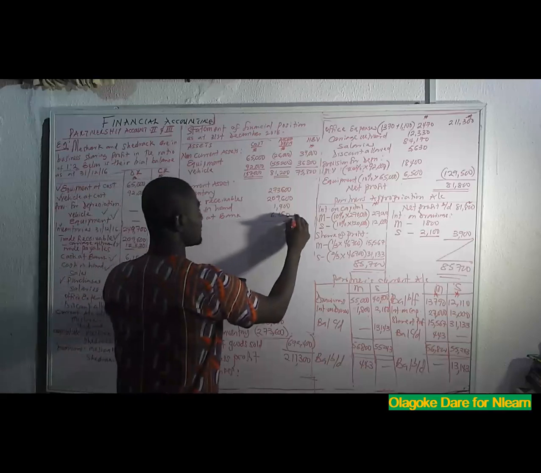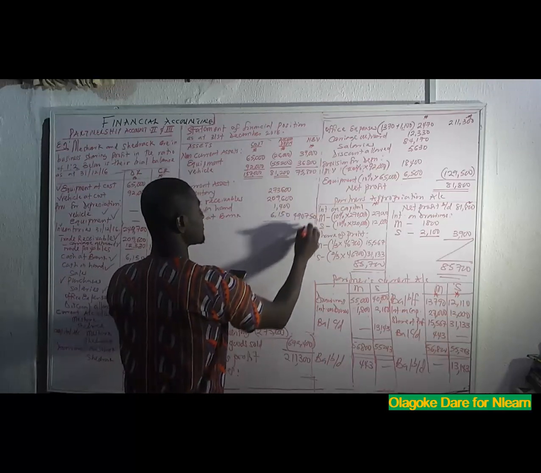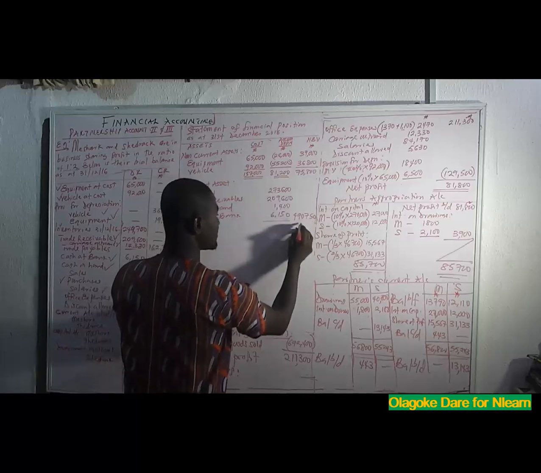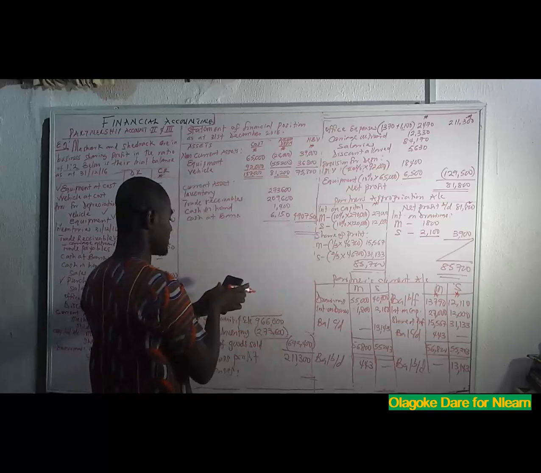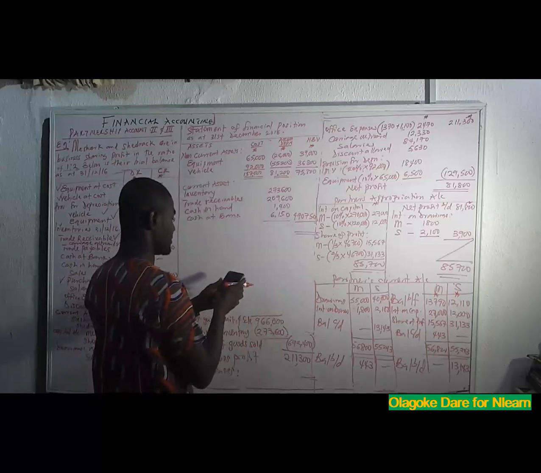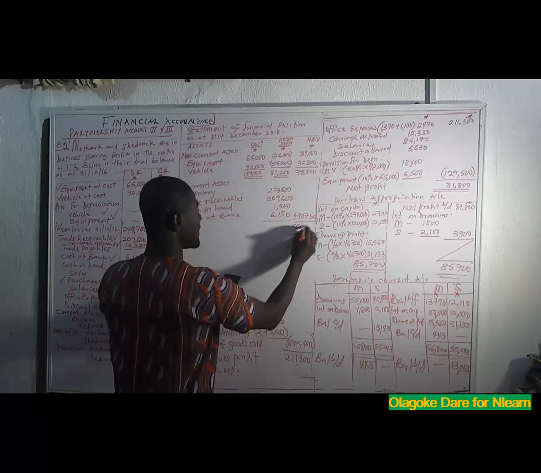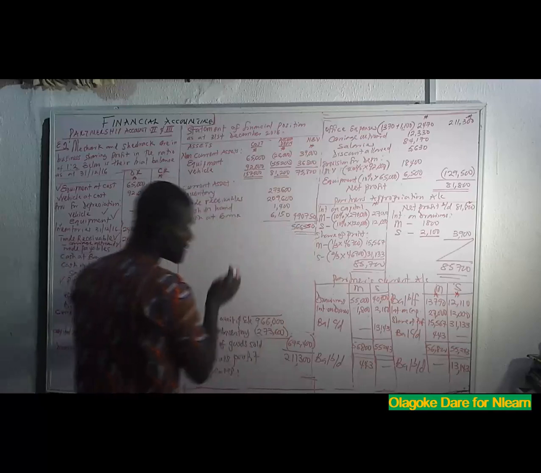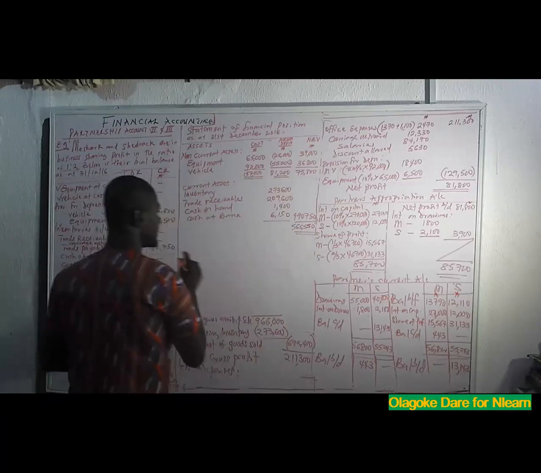I have 490,750. So this is my current asset. If I add it to my fixed assets, 75,800, I have my total asset, 566,550.